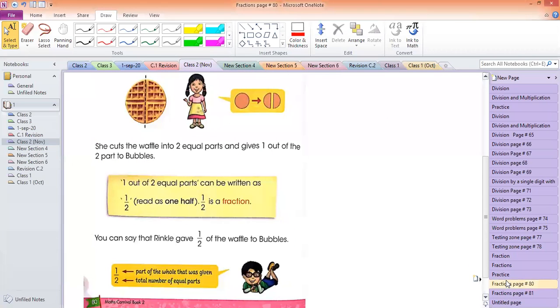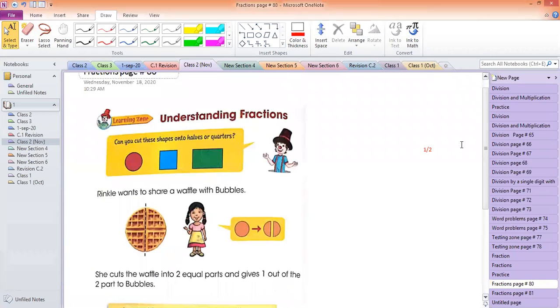Okay, guys, one more thing I would like to clear. Let's suppose Wrinkles has this waffle and she divided it into two equal parts so that she can give some to Bubbles. But Bubbles says that I don't need it. Now Wrinkles will eat two parts out of two parts. So that means she is going to eat the full waffle. Why? Because Bubbles doesn't want it.